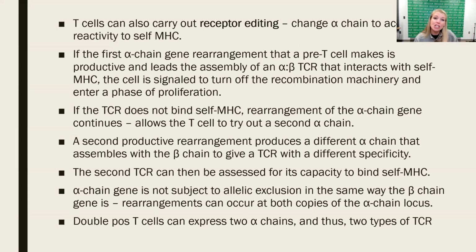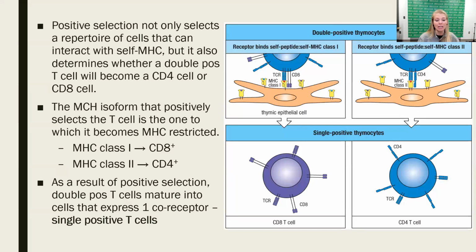And so you could potentially have T cells that express two different alpha chains because the alpha chains are rearranging at the same time. So on any one T cell, you might have different antigen specificities. The beta chain is the same, but the alpha chain might be different on receptors on the same cell. So it's not full allelic exclusion.